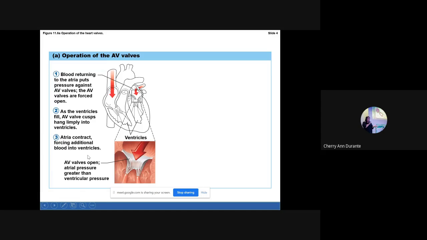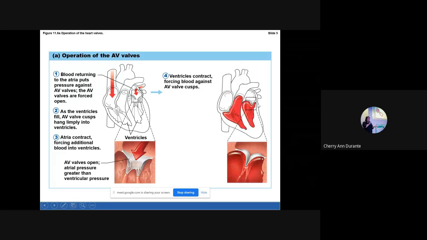Once the ventricles are filled with blood, the pulmonary and aortic valves will now open, because it is full. Let me get my laser pointer.